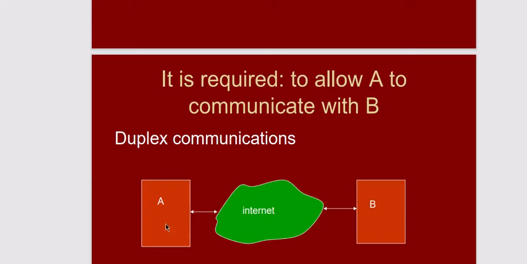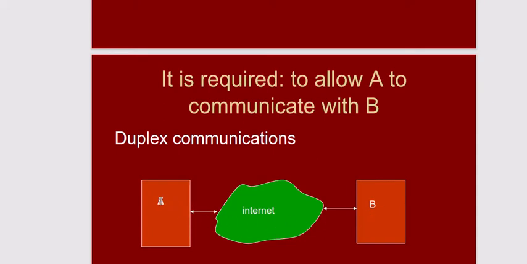And of course, what's going on here is that on machine A, some application using TCP is running, and ditto for machine B. And the idea is that both A and B are going to communicate with one another using dedicated ports.